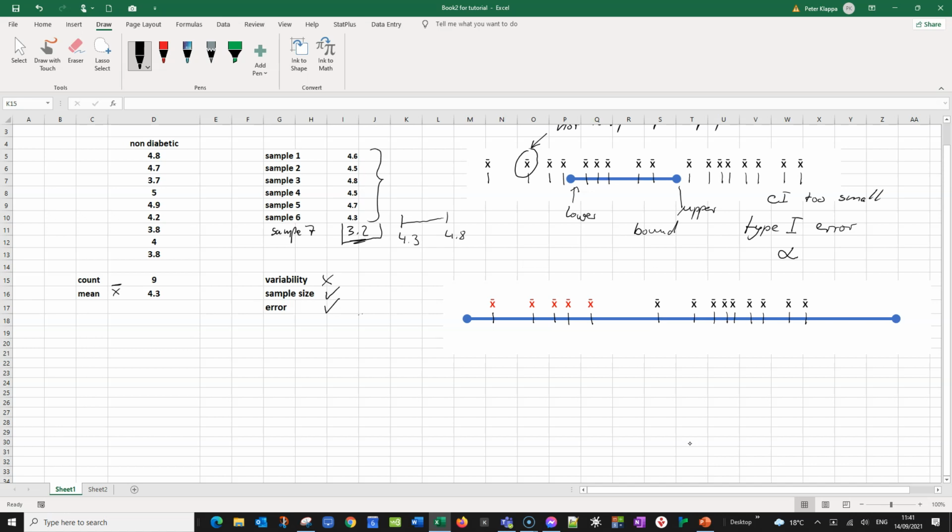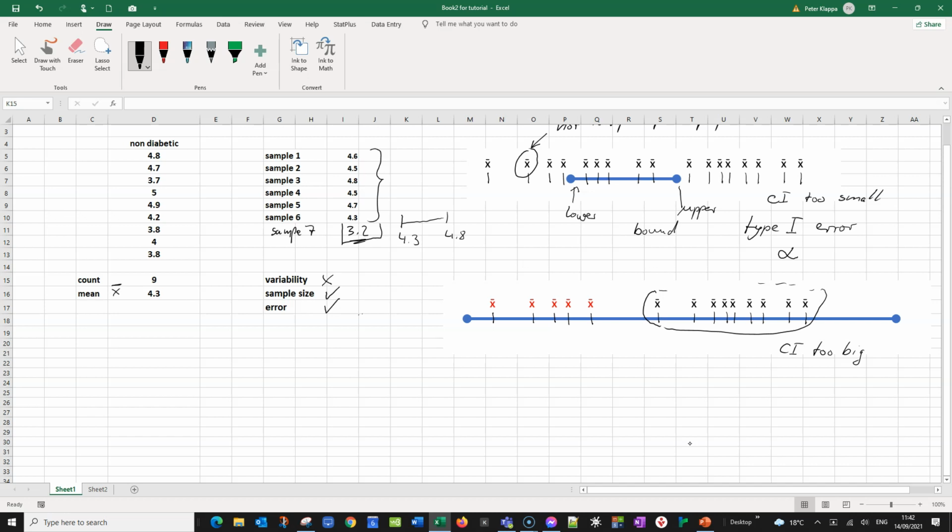Type 2 error is if the confidence interval is too big. So what will happen? Well, you see here with these different colors, the population that I'm interested in is this black one here, as before.